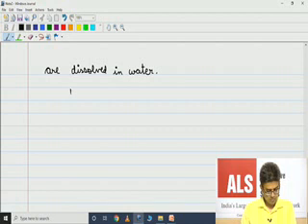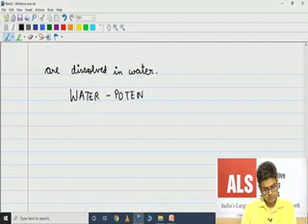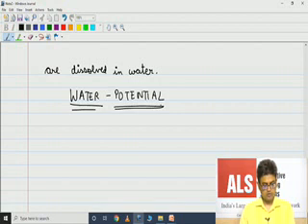Let's put the heading water potential. Why do we study water potential?